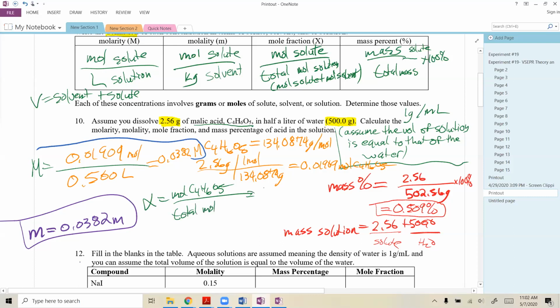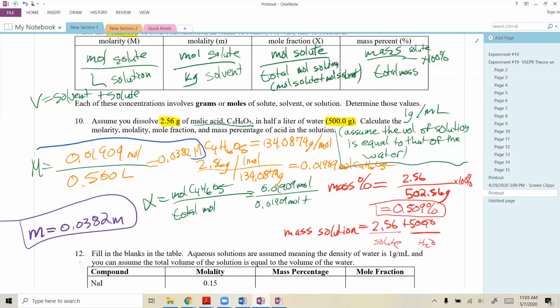So we know how many moles of the solute we have. How do we find our total moles? What else do we need? Is it going to be the 500 grams divided by the molar mass of water?